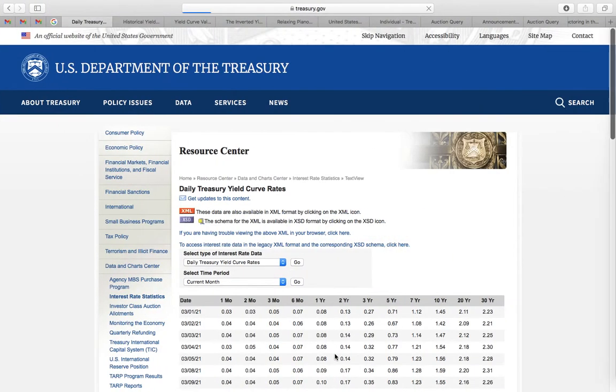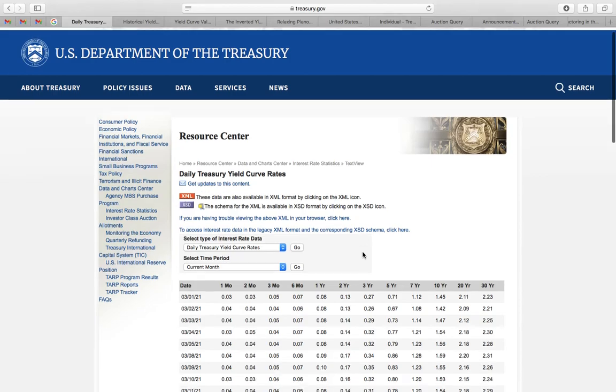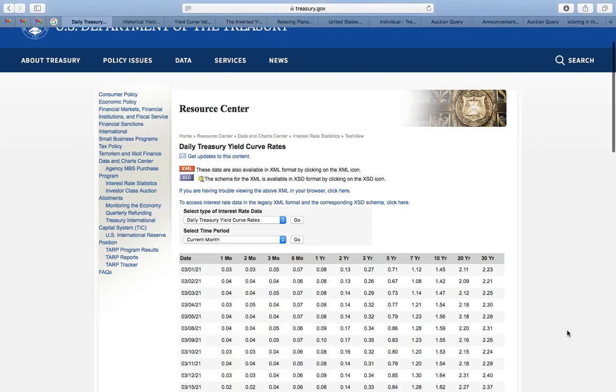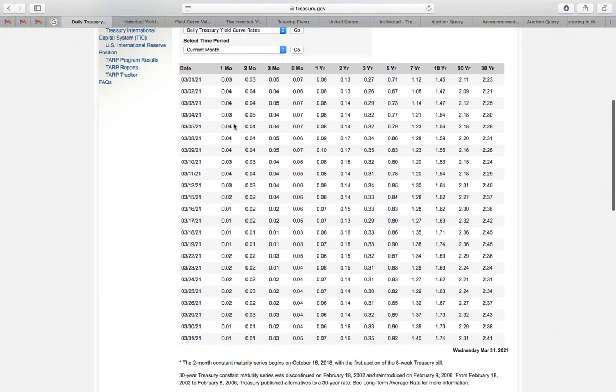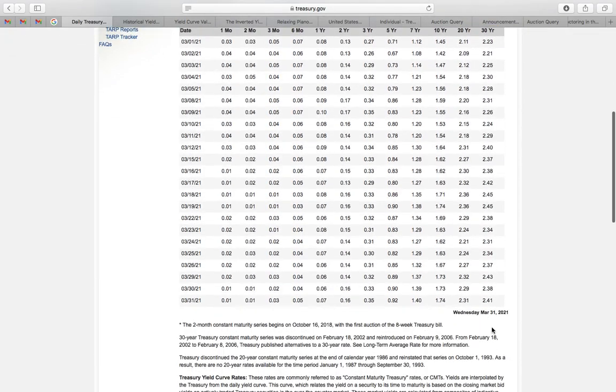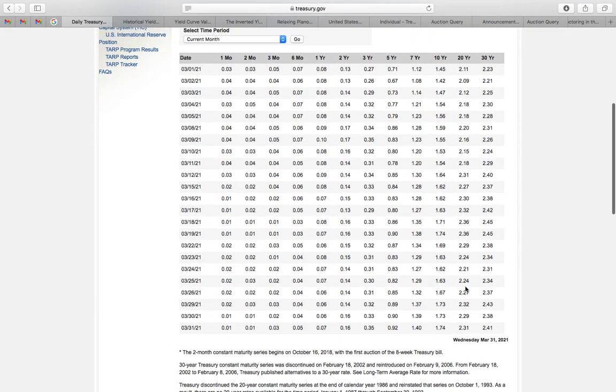You can just go to the U.S. Department of the Treasury website every day. You can see they quote each different maturity and the rate they give you. Currently, for 20-year government bonds, your true return is 2.31%.